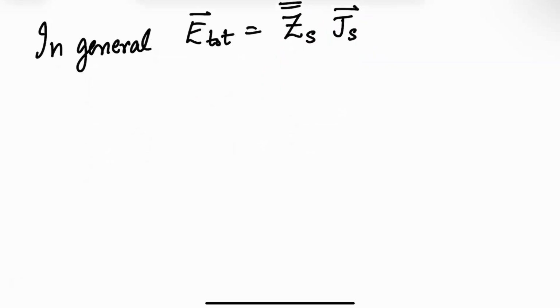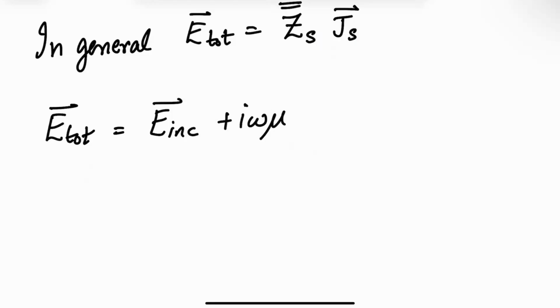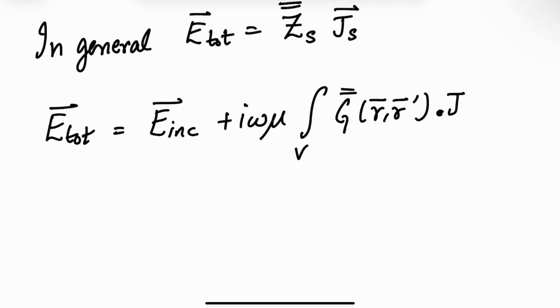Okay, so given that, I can write the total as, so I have my integral equation, which is E total equal to E incident plus I omega mu, volume integral, Green's function r comma r prime, dot j r prime, dr prime.